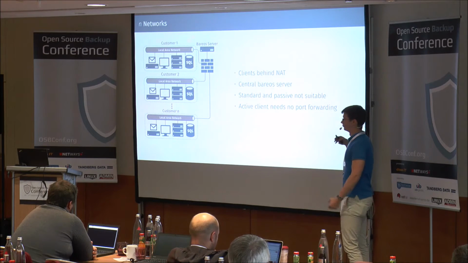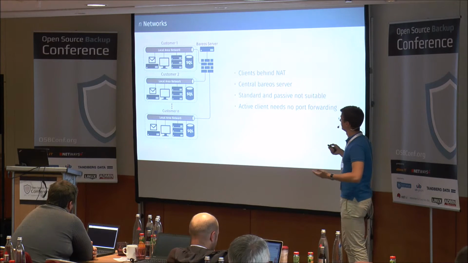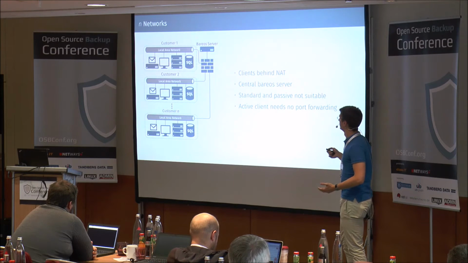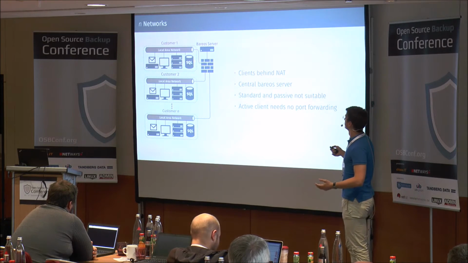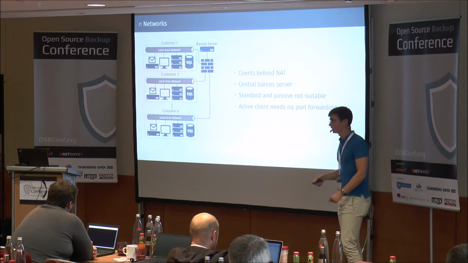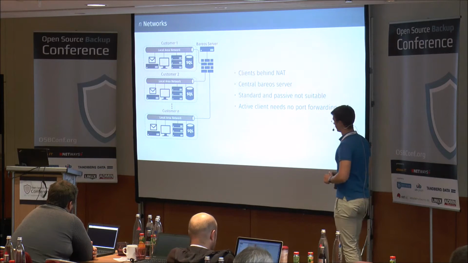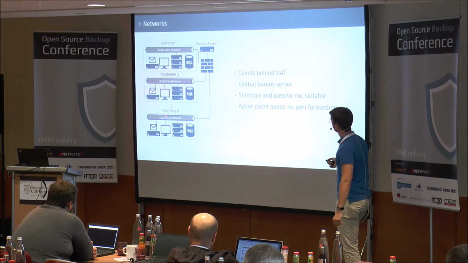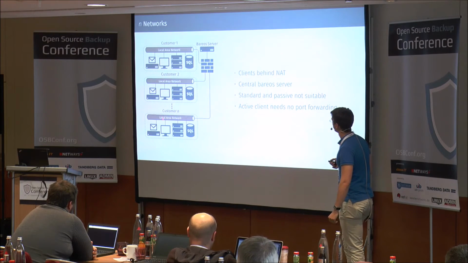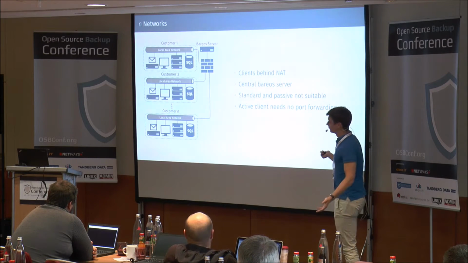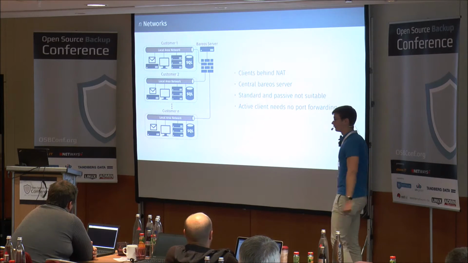And if you want to add a client to the customer 1 network, you have to go to the firewall of the customer 1 network and add another port forwarding. This is not really doable. So this is where active client really gets really good, because, again, 0 port forwardings needed.